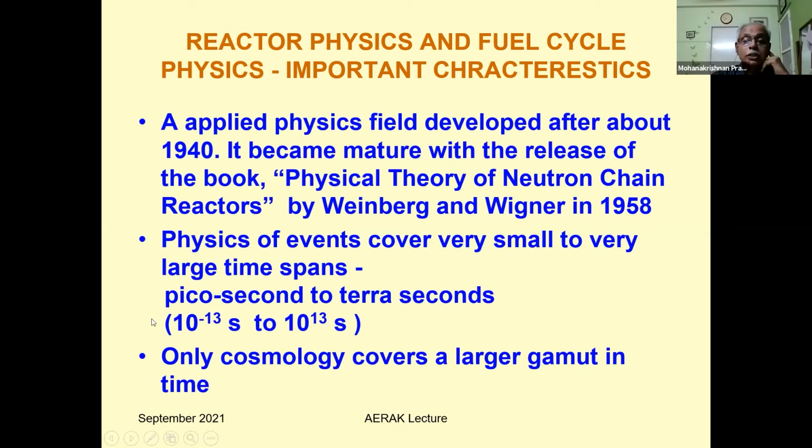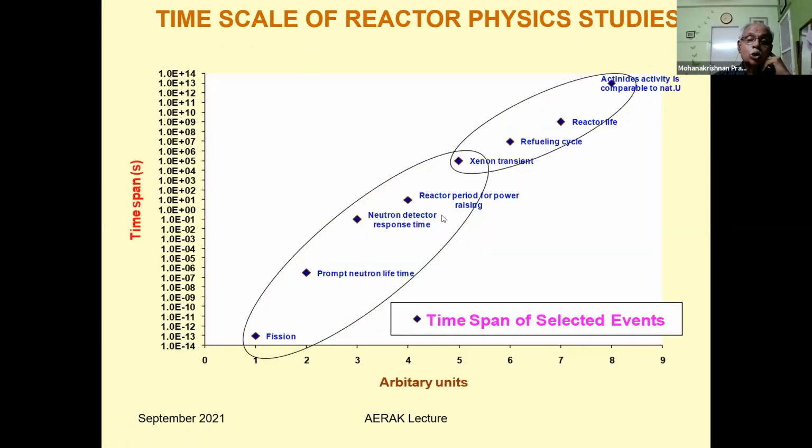Only cosmology perhaps covers a longer time span than this. Just to show you, I don't know whether this slide is very clear to you. The fission takes place in 10 to the minus 13 seconds. The prompt neutrons are emitted in 10 to the minus 7 seconds.